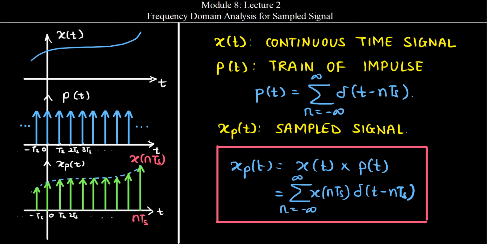So now in order to analyze the sampled signal's frequency analysis, we need to consider the Fourier transform of this xp of t. So we need to find what is the CTFT of xp of t. So let it be denoted by say capital Xp of omega.